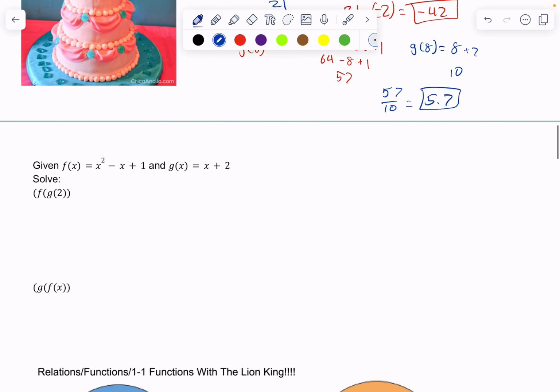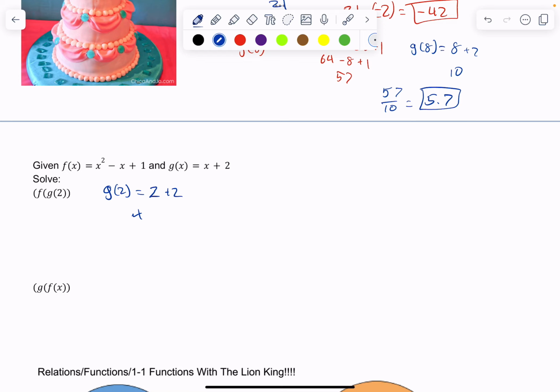Oh, there's still more. Ooh, f of g of 2. So now I'm just going to solve for g. Take that back. I'm going to solve for g of 2, which is 2 plus 2, which is 4.